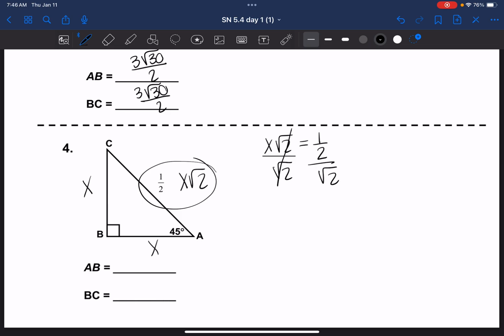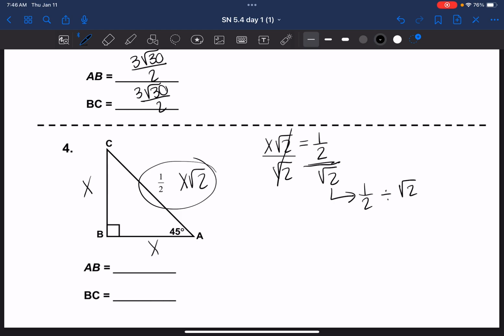And here I have a fraction within a fraction. So whenever we do that, our rule is to keep our first fraction, change from multiplication to division, and flip our second fraction over. So keep, change, flip. So currently, how this reads is 1/2 divided by square root of 2.